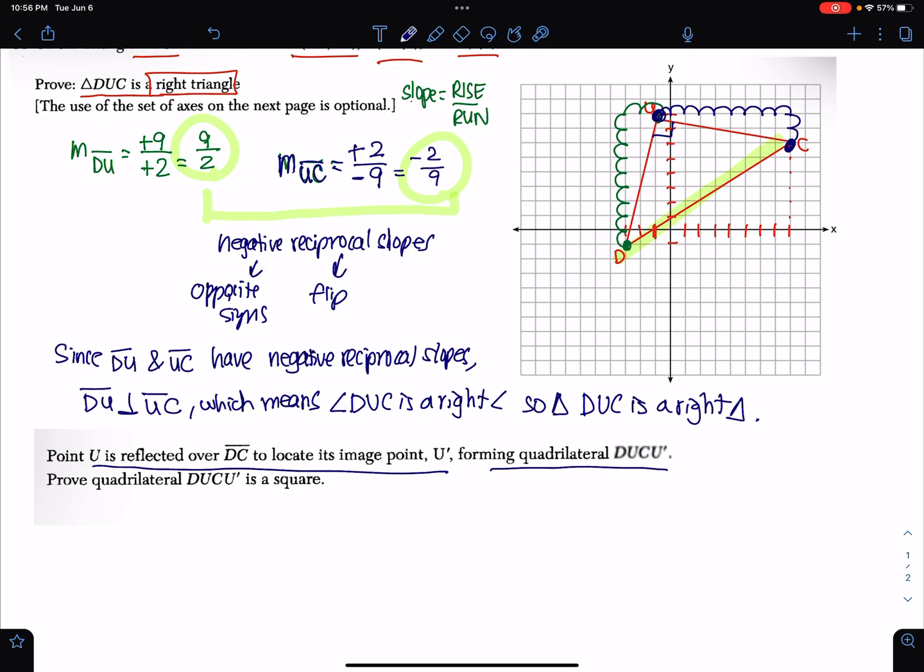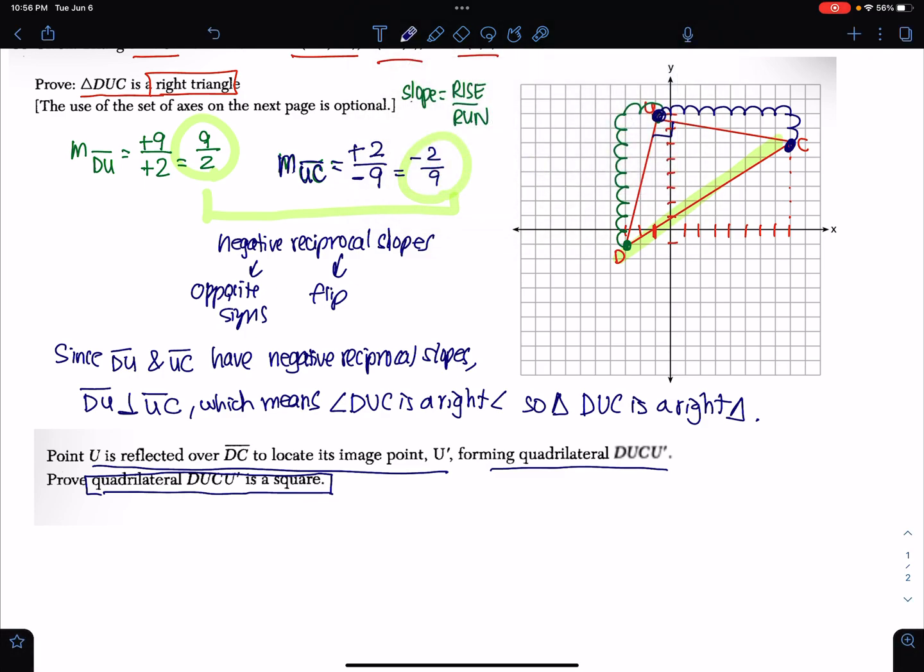What we need to do is prove that quadrilateral DUCU prime is a square. Now, what you've learned about a square ever since you were in middle school is that all sides are equal. And not only that, we already proved that this angle is a right angle, so that's also beneficial. So let's go ahead and find where U prime belongs.